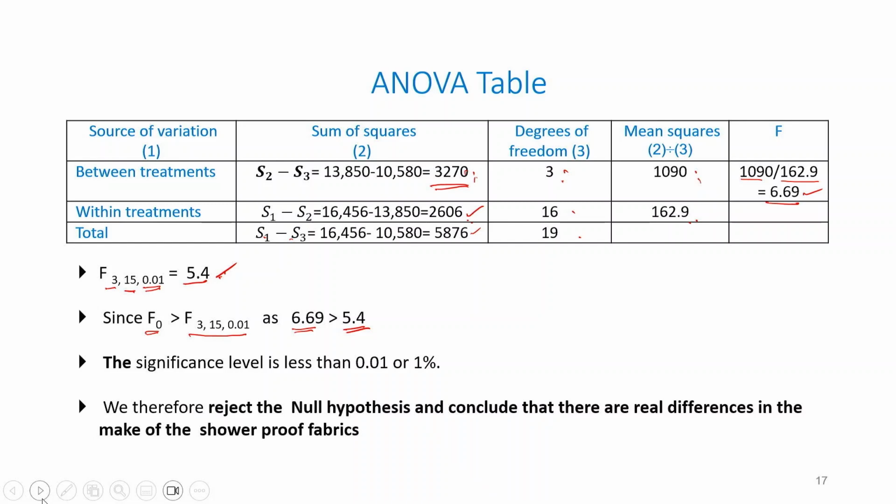We therefore reject the null hypothesis and conclude that there are real differences in the make of the showerproof fabrics, because the F value is much higher. This calculated value is much higher than the table value at the level of significance 0.01 or 1%.